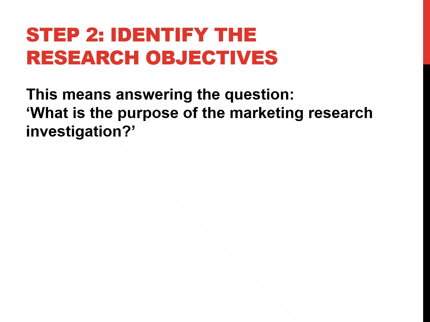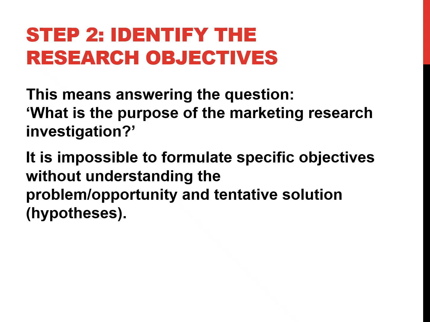The next step is to identify the research objectives. What is the purpose of the marketing research? It's really impossible to formulate specific objectives without understanding the underlying problem or opportunity. Often what we also include is a tentative solution.